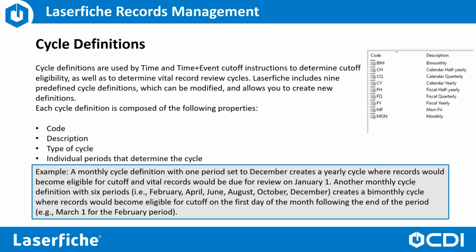Another monthly cycle definition with 6 periods creates a bi-monthly cycle where records become eligible for cutoff on the first day of the month following the end of the period. So for instance, what this does is it makes it so we were talking about if it was a yearly schedule and the receipts are 7 years, well, you're doing your disposition at the end of the definition. So some of the receipts will be almost 8 years old.